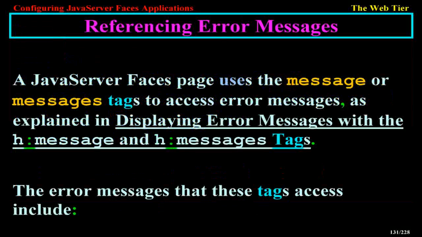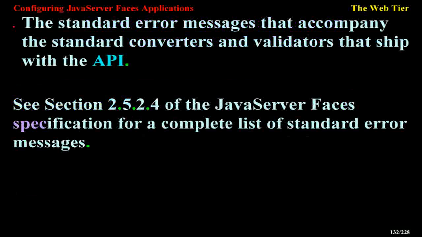A JavaServer Faces page uses the message or messages tags to access error messages, as explained in Displaying Error Messages with the h:message and h:messages Tags. The error messages that these tags access include the standard error messages that accompany the standard converters and validators that ship with the API.